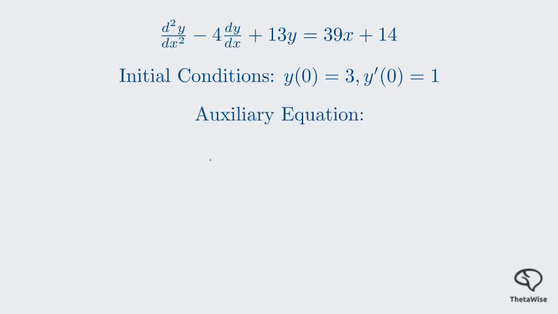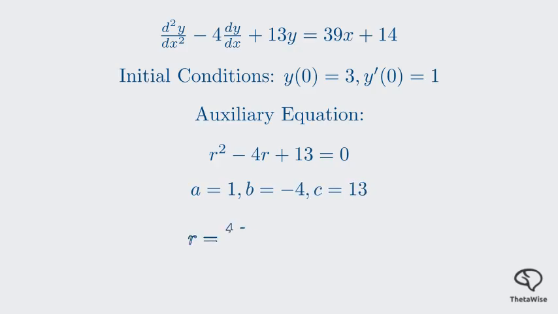The auxiliary equation is r squared minus 4r plus 13 equals 0. This quadratic equation does not factor easily, so we use the quadratic formula. Here a equals 1, b equals 4, and c equals 13. The formula gives us r equals 4 plus or minus the square root of 16 minus 52, all over 2. This simplifies to 4 plus or minus the square root of negative 36, all over 2.